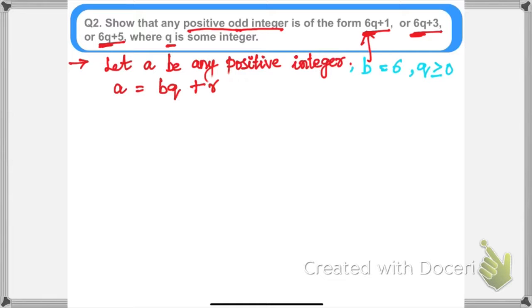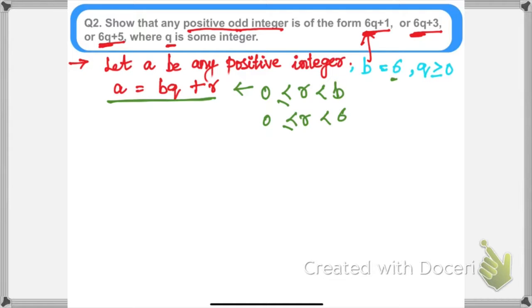And there was one more condition for this Euclid's division lemma, if you remember it properly: a is equal to bq plus r was the Euclid's division lemma, and the condition was that the value of r should be greater than or equal to 0, and it should be less than b. That means here the value of r should be less than 6, since the value of b is 6.